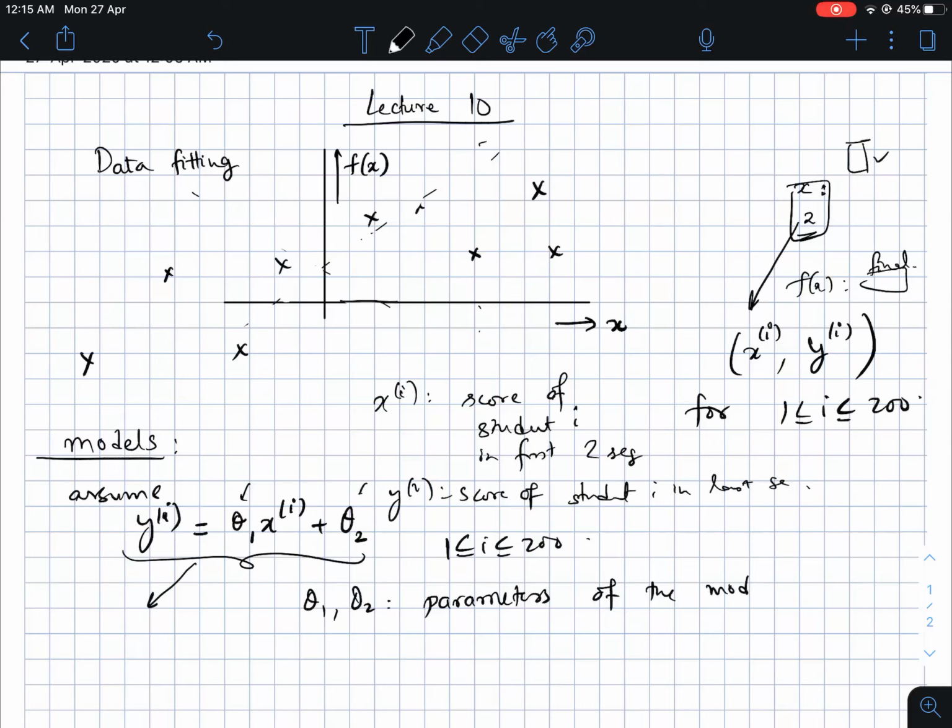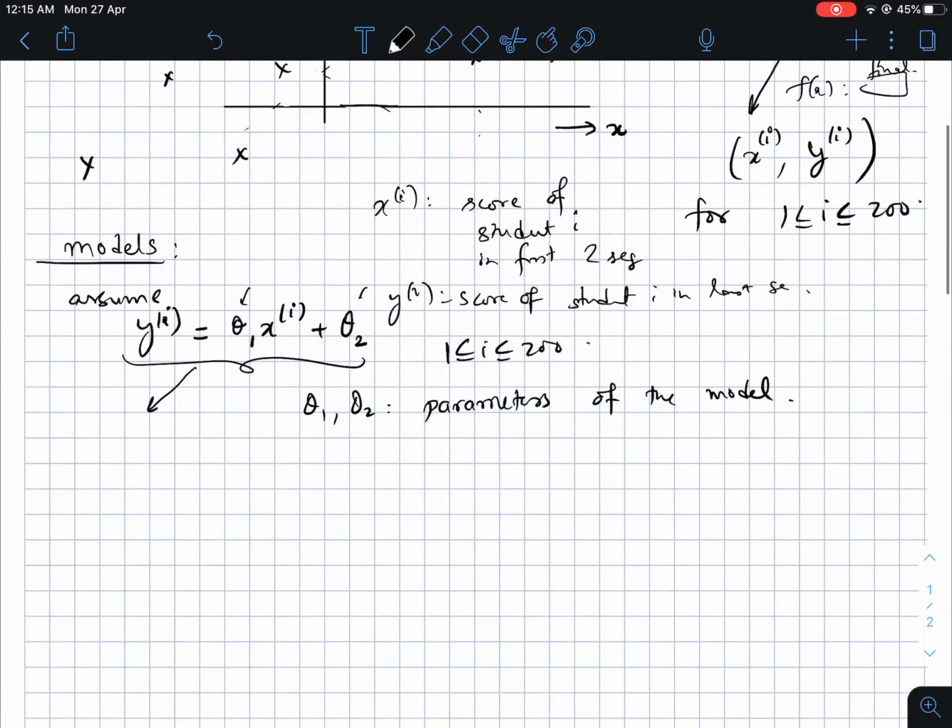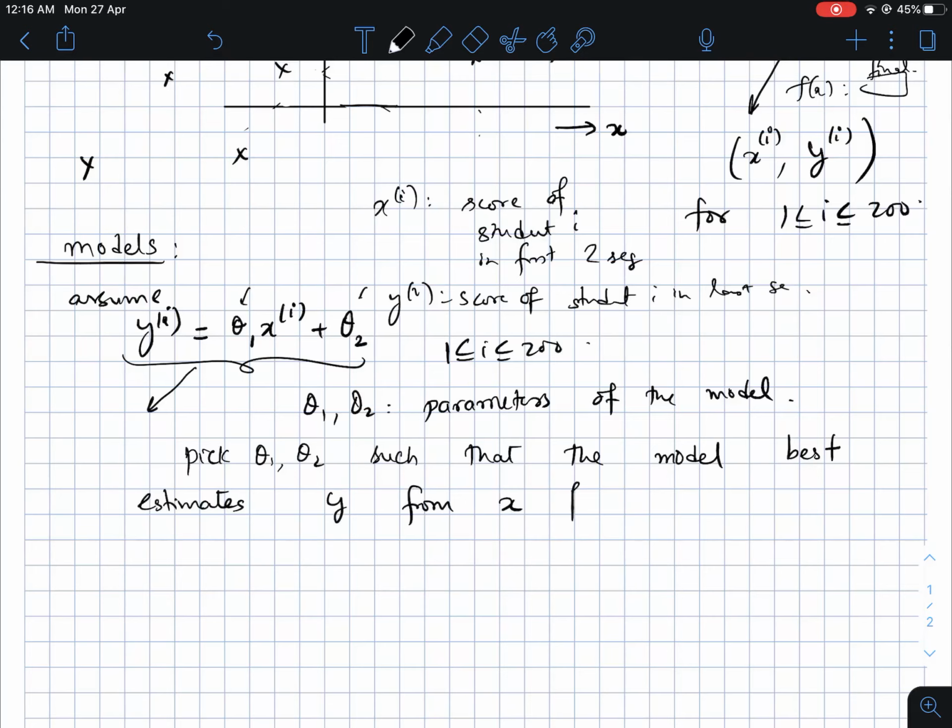Now once the model is selected, the question is to pick theta 1, theta 2 such that the model best estimates y from x, for any students of this batch.